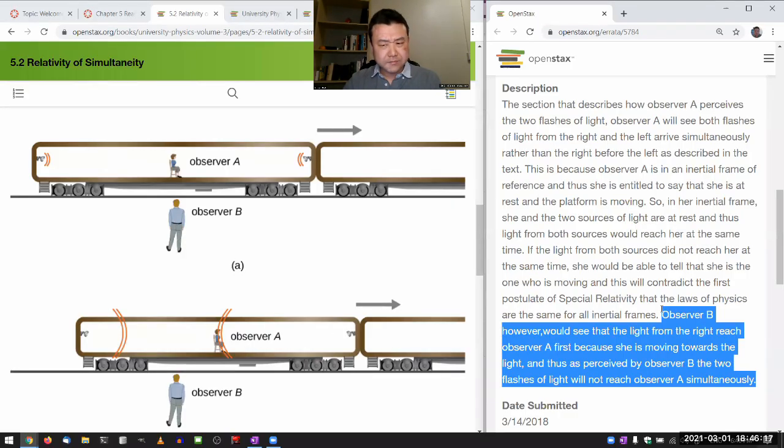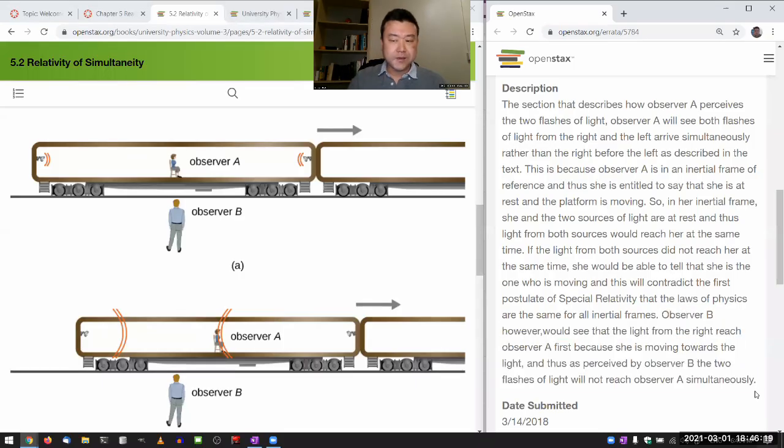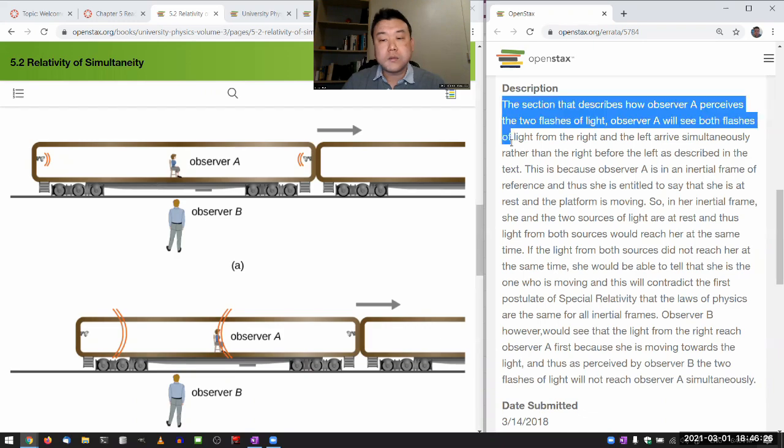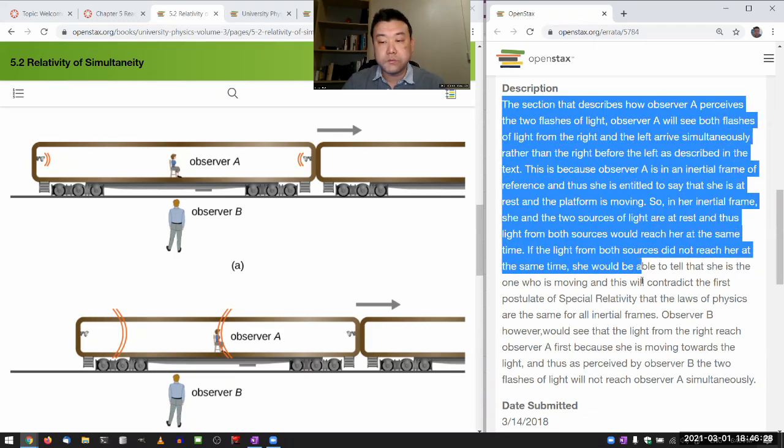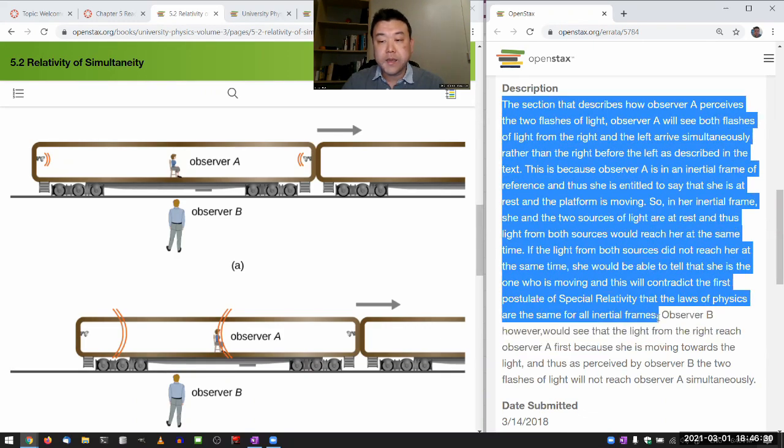So ignoring that second half, which is kind of easy to disprove based on logic alone, if you were reading here and didn't have me to tell you that this is erroneous, where is this errata submitter wrong?